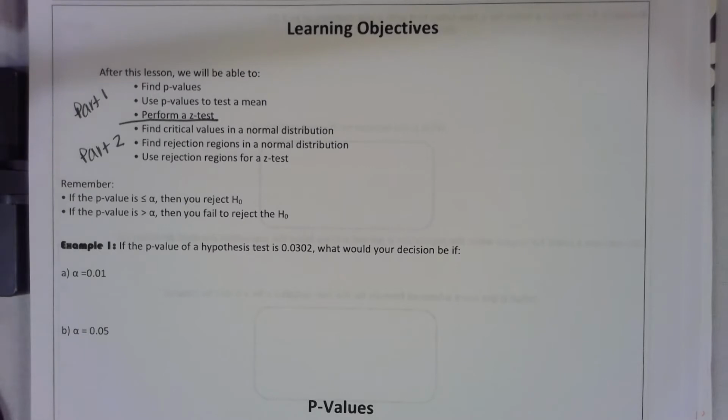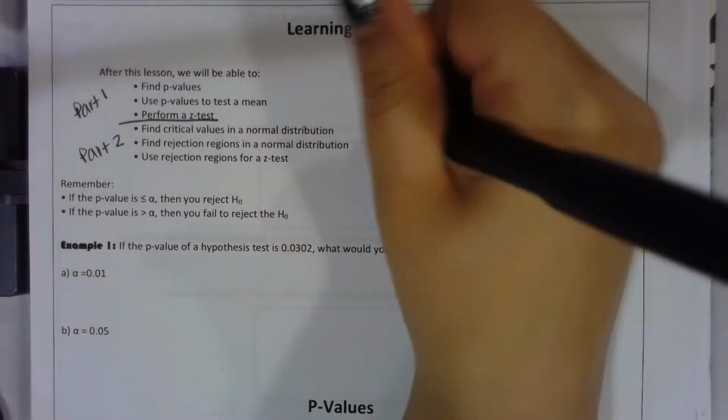For the significance value, then you fail to reject the null hypothesis. The way we wrote this last time was p less than or equal to alpha, where alpha is our significance level.